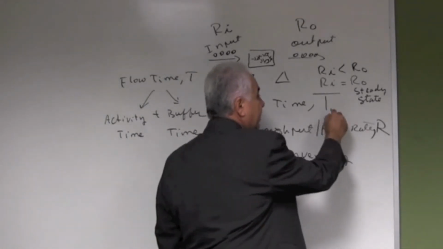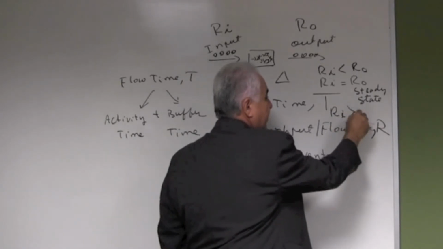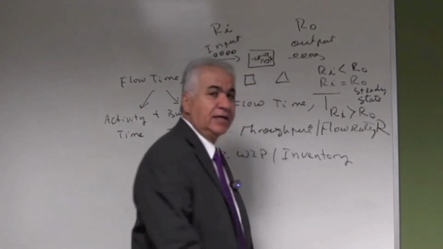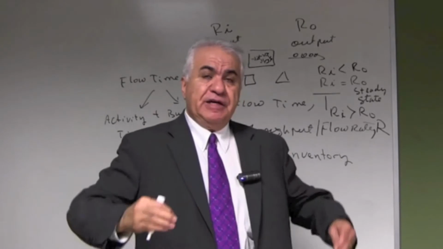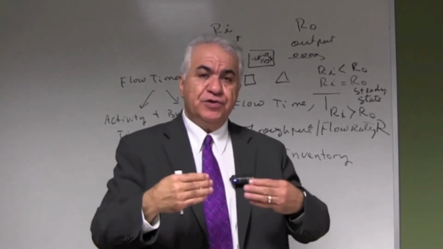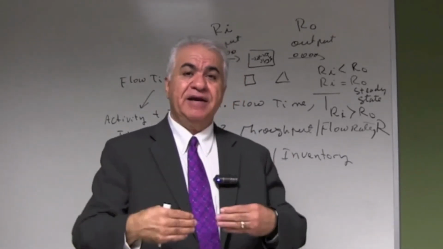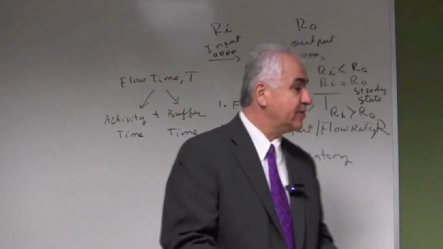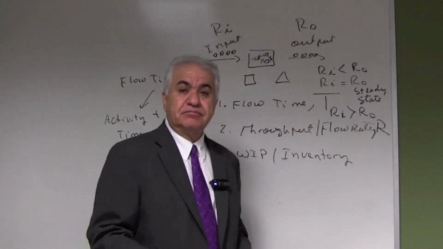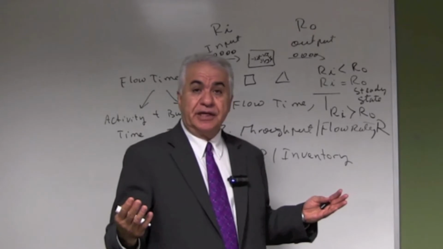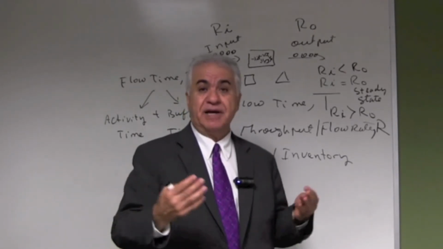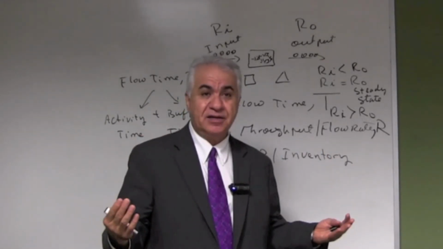If the inflow is greater than outflow, in other words, if there are more flow units coming in than we have the capacity to process, then something happens. Okay? Things are held up, things back up. That's how we have backlogs.